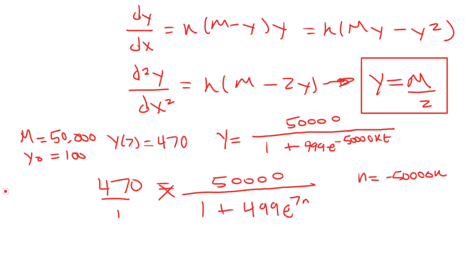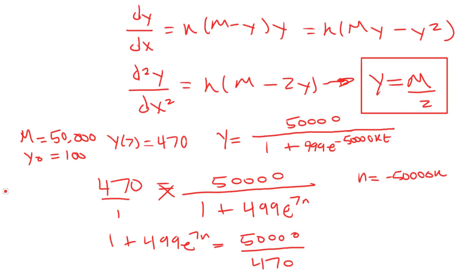That way might work too. So, for example, if you do the cross multiplication, you have 1 plus 499 e to the 7n equals 50,000 divided by 470, okay?